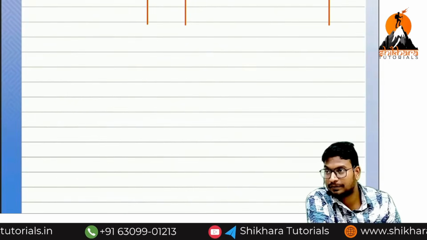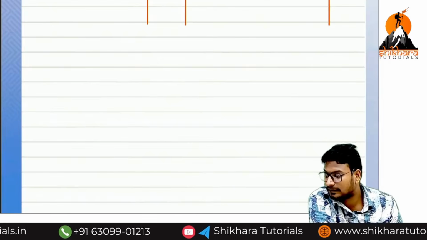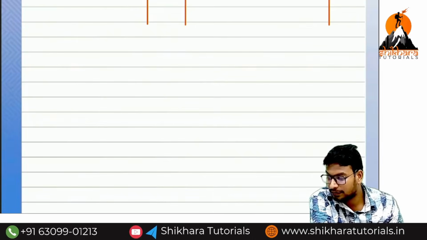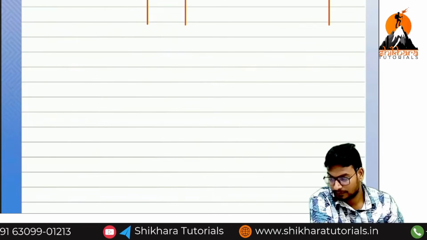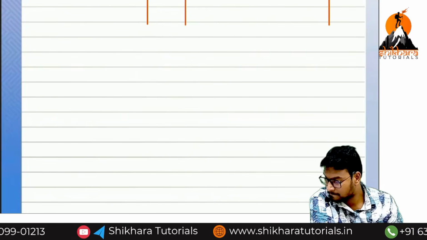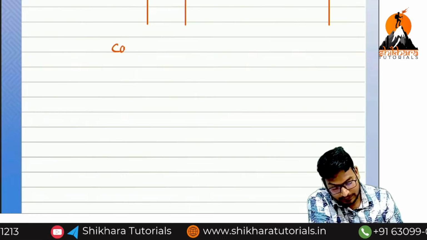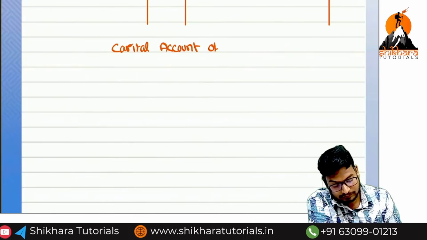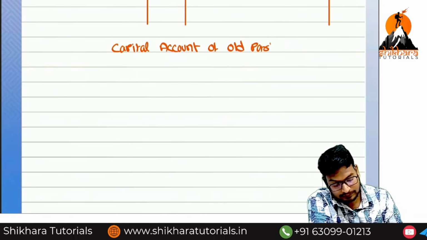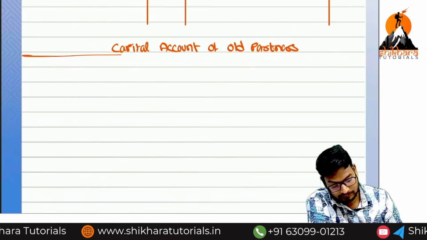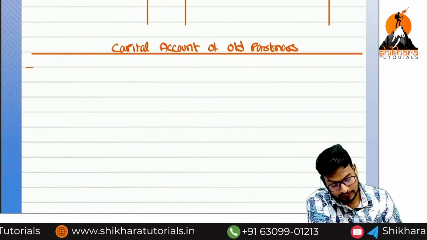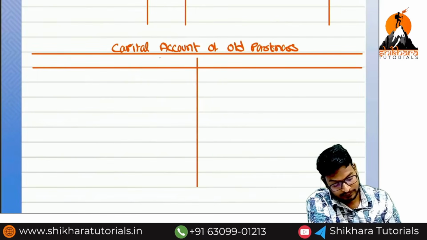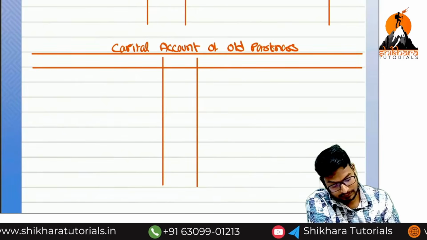What is the next account we need to prepare? What are the separate accounts we need to prepare? Capital account of old partners and capital account of new partners. Okay guys? So capital account of old partners. Who are the old partners? How many columns? 3 columns.